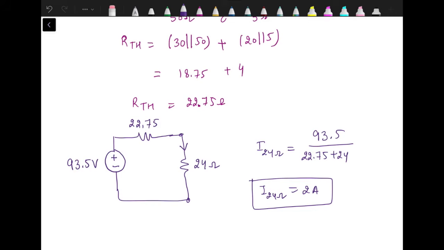Before moving on to the case when we have a dependent source in the circuit, I will introduce another theorem in the next video known as Norton's theorem. Once we understand what Norton's theorem is and how to obtain Norton's equivalent, after that we will consider the problems where we have dependent sources present in the circuit and we have to obtain their Thevenin or Norton equivalent.